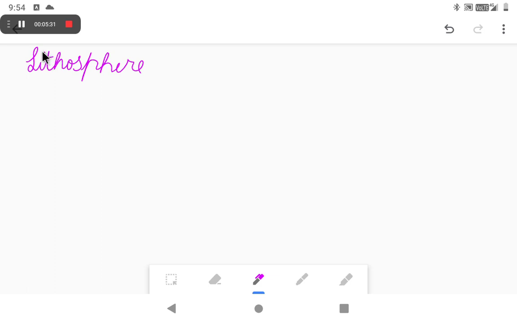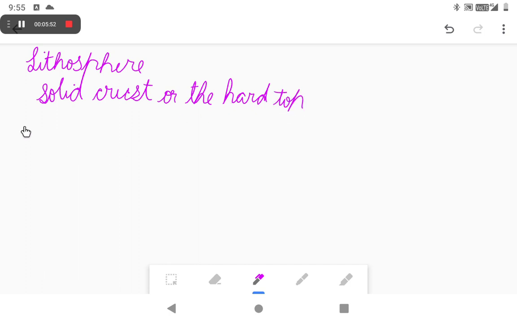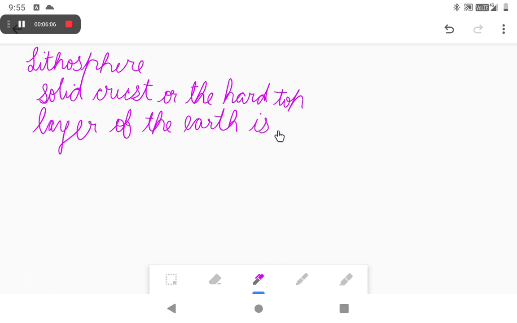So what is lithosphere? The solid crust or the hard top layer of the earth is called lithosphere.